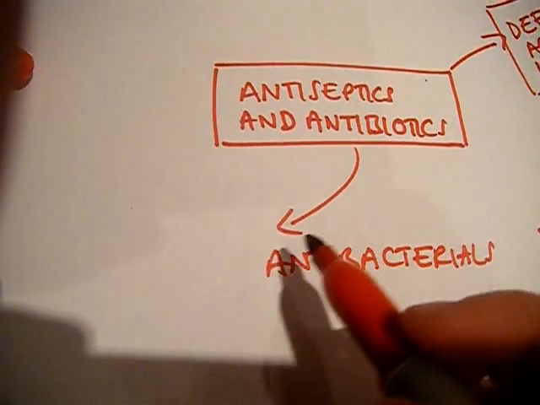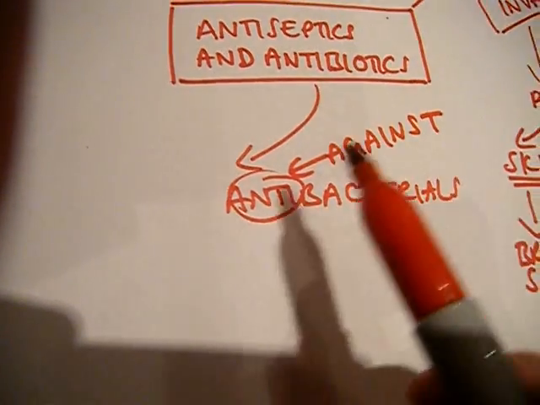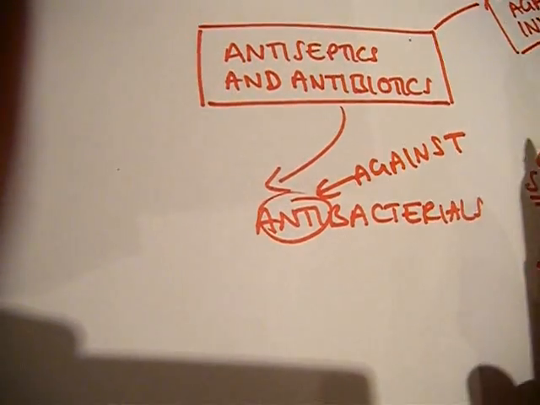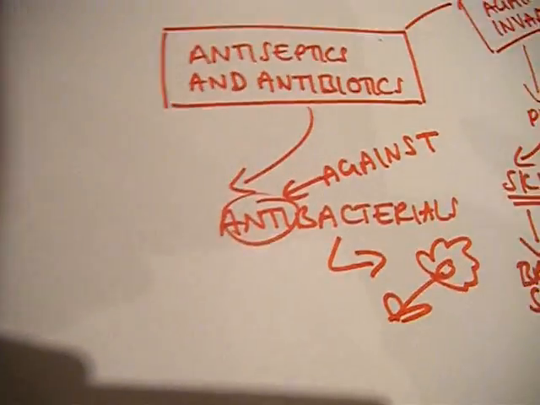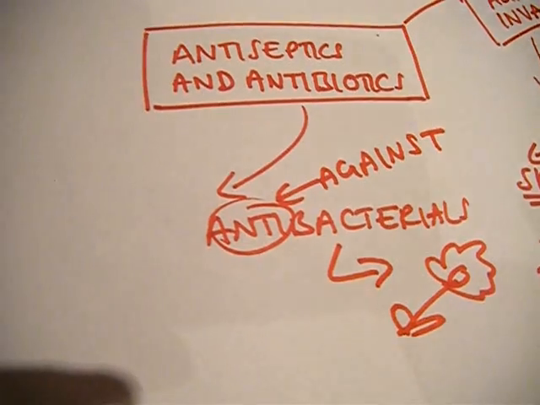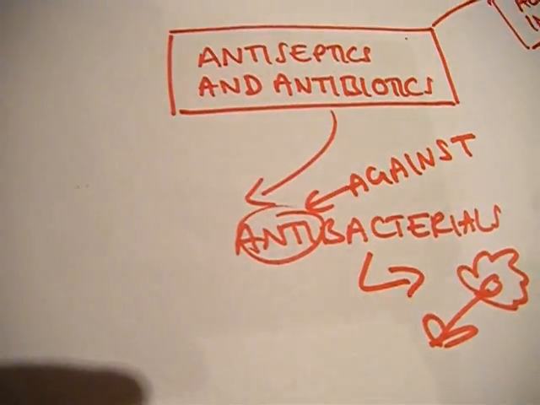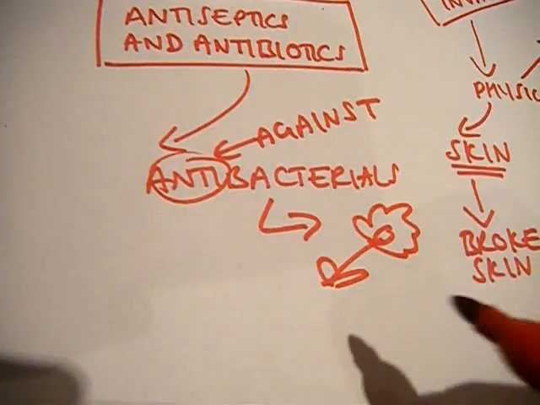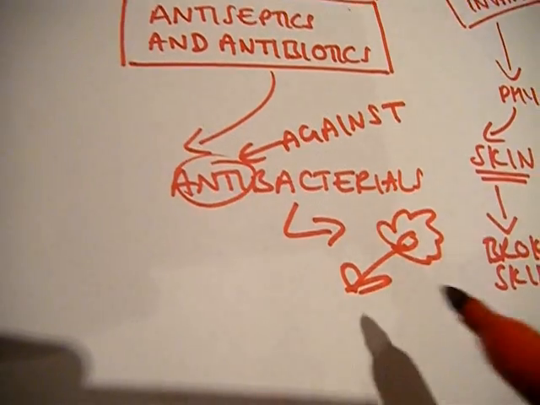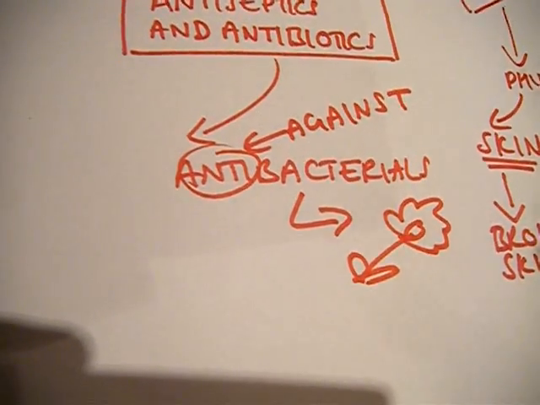So, antibacterials, anti means against. So these work against bacteria, they kill bacteria. Plants have antibacterials, which help to defend them against infection. Humans can sometimes take the antibacterial properties of plants to make our own.